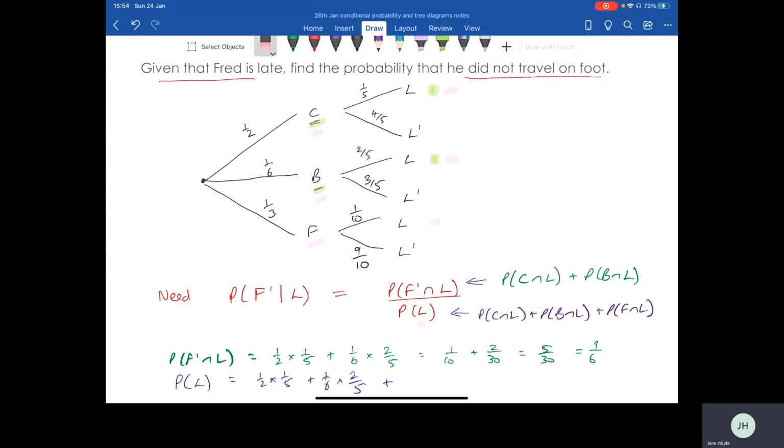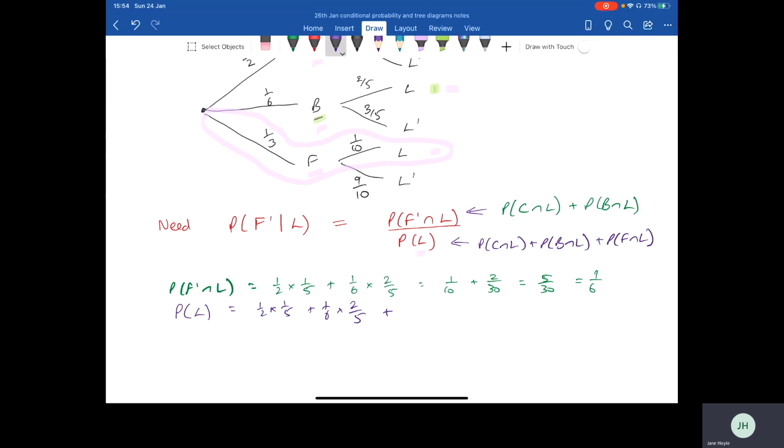The final one that I need is the one at the bottom, the probability that he's on foot and was late. So I just need to add on the additional 1/3 multiplied by 1/10. I already know that these first two fractions simplify to 1/6 because that's what I got up here. And then I need to add on 1/30. That is 5/30 plus 1/30, 6/30. That cancels, doesn't it? That is 1/5.